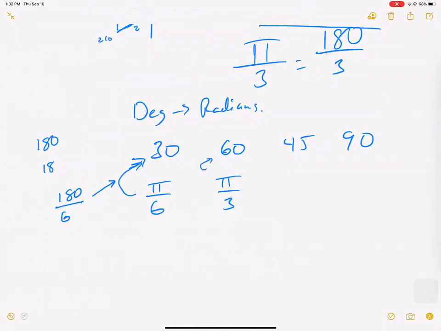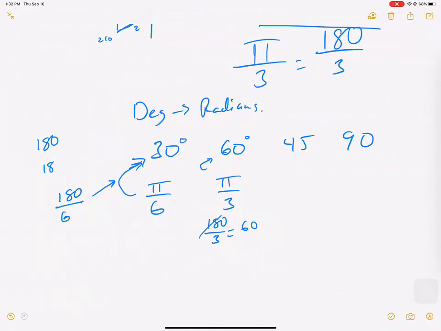That means you have a lot more. Another way of looking at this is 180 divided by 3. What's 18 divided by 3? That's 6, so 60. So if we divide something by 6, you end up with smaller degrees. If you divide something by 3, you end up with more.